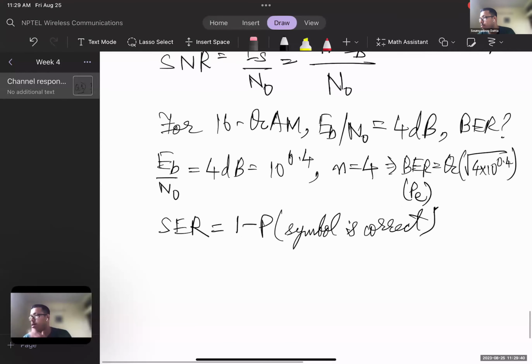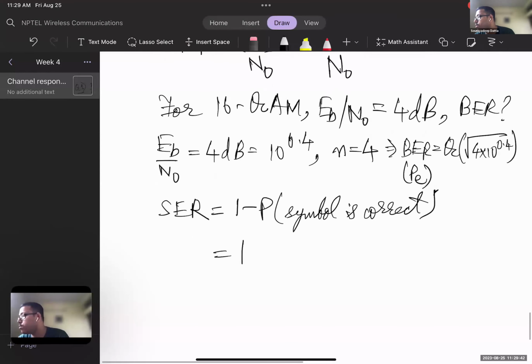And by the same logic, for the symbol to be correct, you need all 4 bits to be correct. So you'll have 1 minus P whole to the power 4, right?